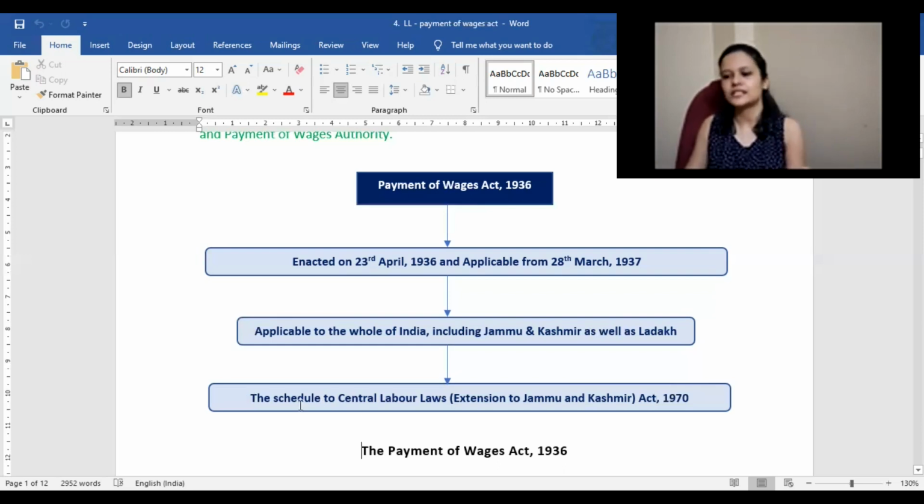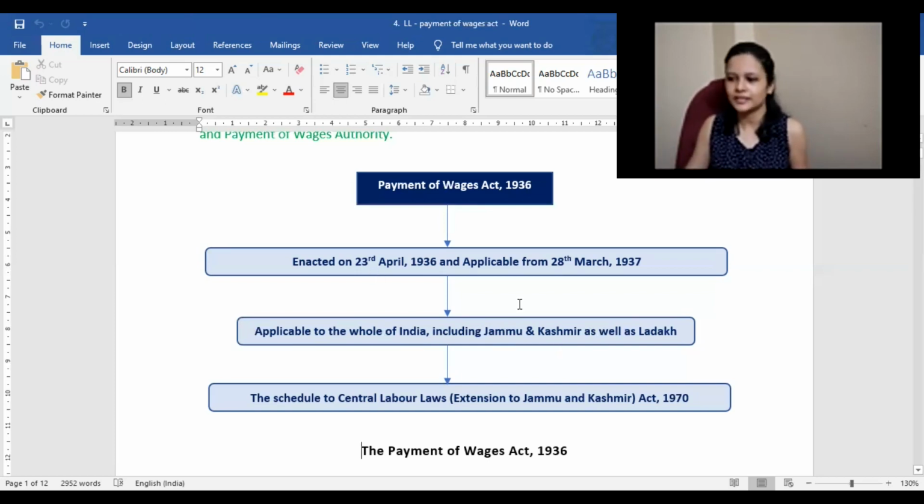So whatever legislation you are reading, you can simply go to the schedule and look for that legislation's name, whether it is there or not. In 1970, the scope of the Payment of Wages Act was extended and it became applicable to the whole of India, including Jammu and Kashmir, and now the two union territories.